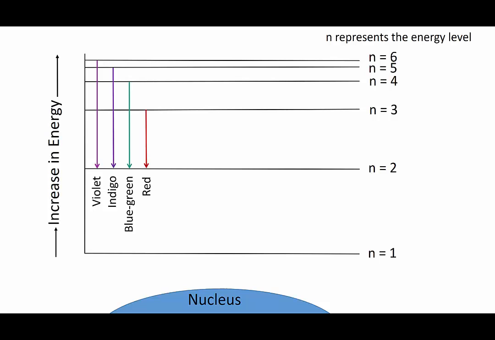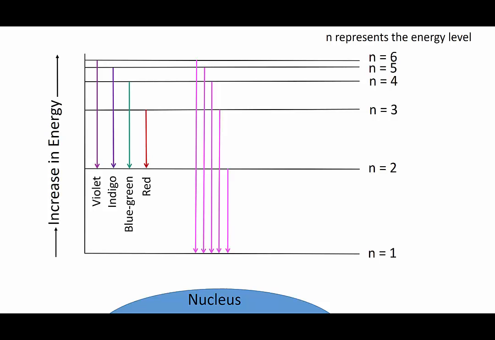Now, these 4 are not the only possibilities for an electron at level 6. In fact, there's a number of jumps that are actually bigger than violet light. And then, of course, a number of jumps that are less than red light. Now, during Bohr's time, they did not have the technology to actually see these lines.